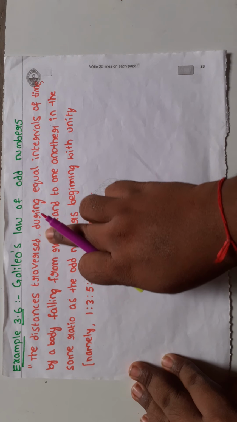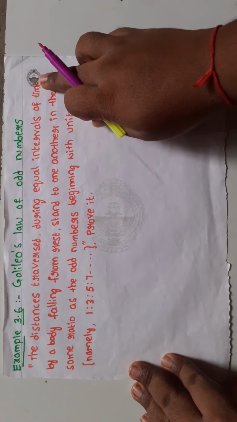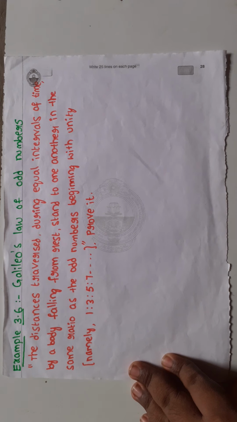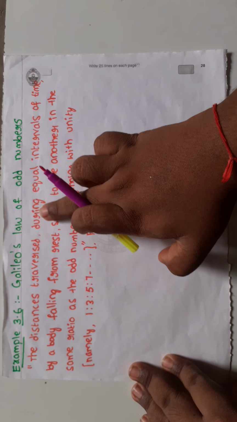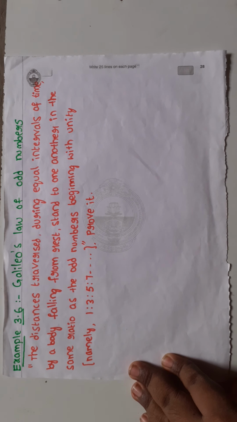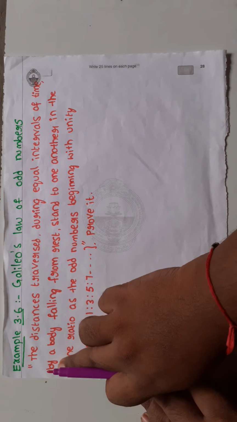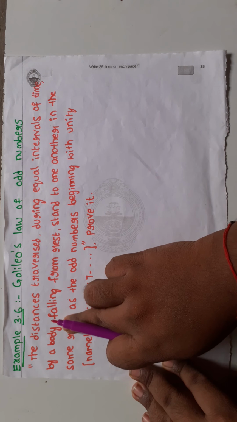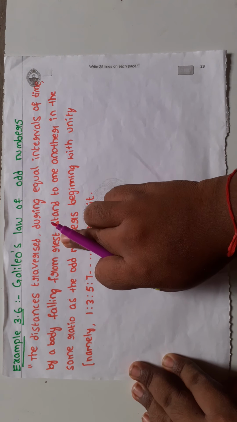The distances travelled during equal intervals of time. If any object is in motion, it travels in equal intervals of time, meaning 1, 2, 3, 4, 5, 6 seconds, or 5 seconds, 10 seconds, 15 seconds, 20 seconds, equal intervals from one to another, by a body falling from rest.